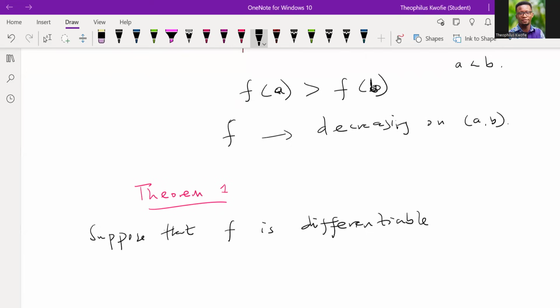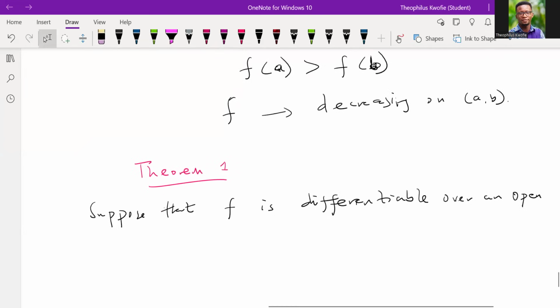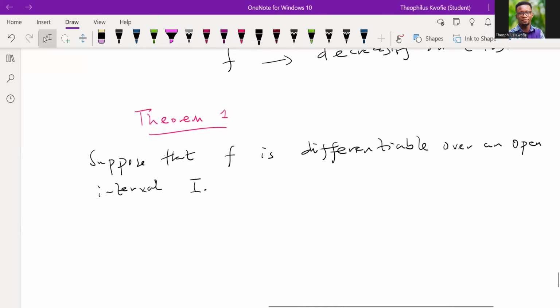So it's differentiable over an open interval. Let's call it I. And in our case, we are using A and B as the interval. So let's bear that in mind.